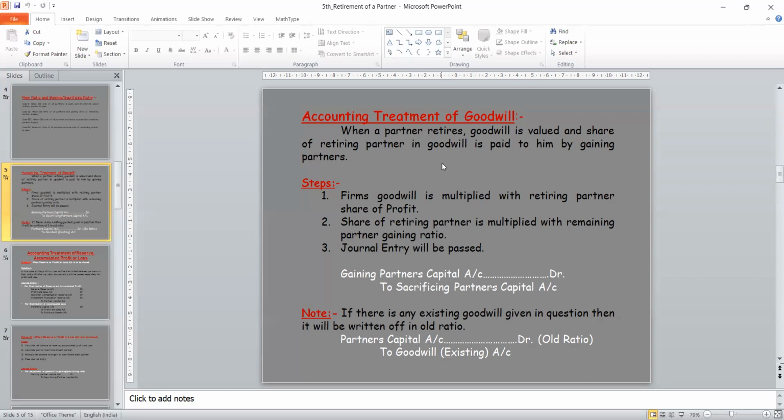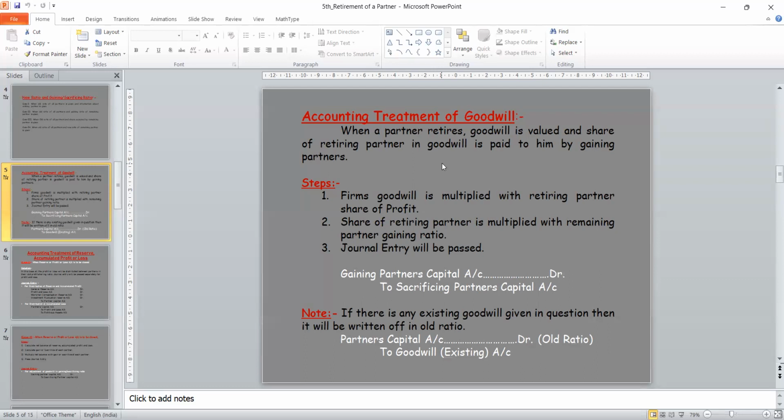So at the time of retirement, the retiring partner, the partner who is going from the firm, will sacrifice his share to the remaining partners. Because he will not share the profit in future after retirement. Yes or no?